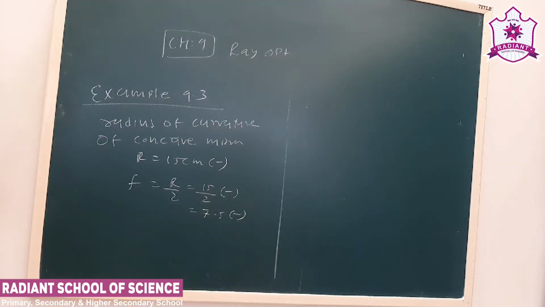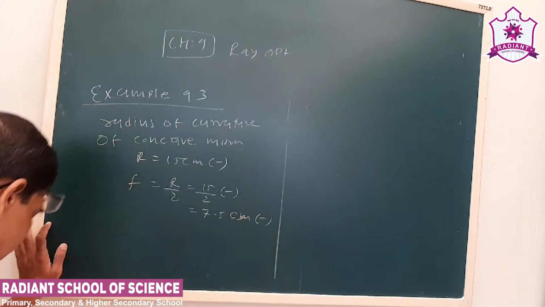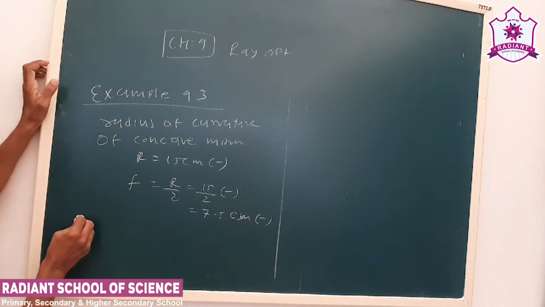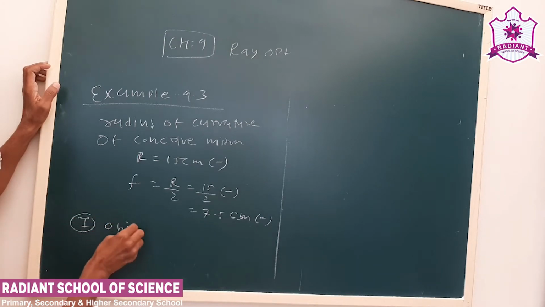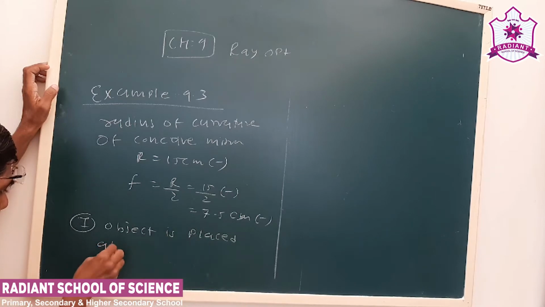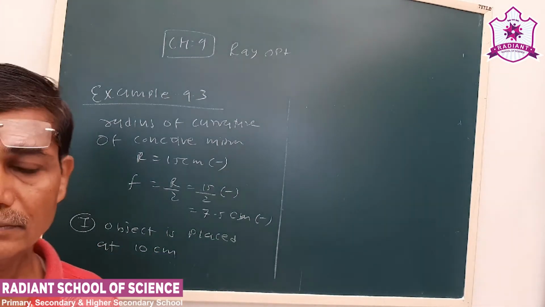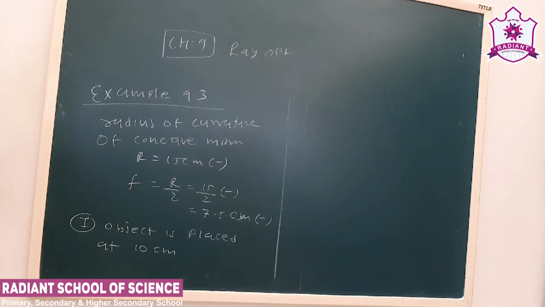Okay, concave mirror, F is negative. Now first the object is placed at 10 centimeter distance. We have to find out the type, size and the magnification.